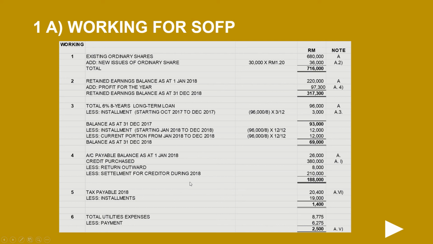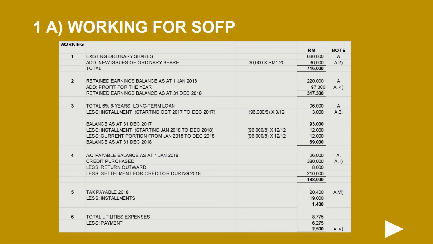And you need to minus the amount paid to creditor during 2018, which is 210,000. So the remaining balance of account payable was 188,000.